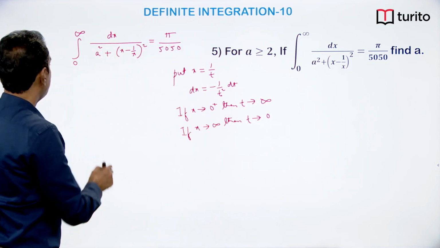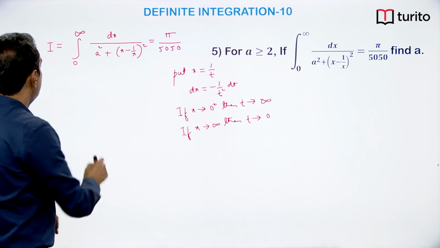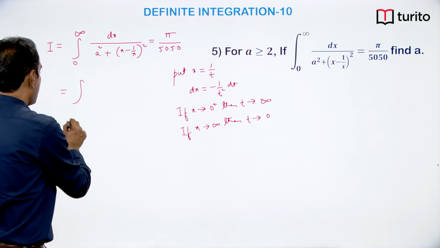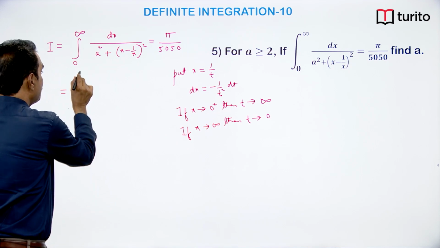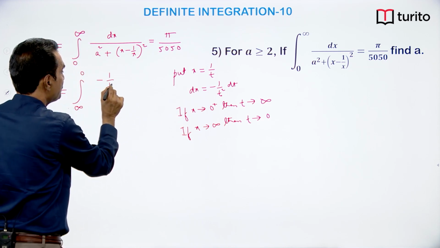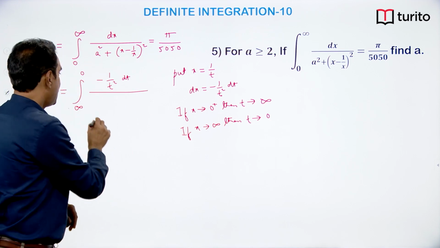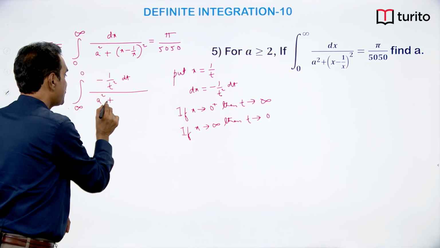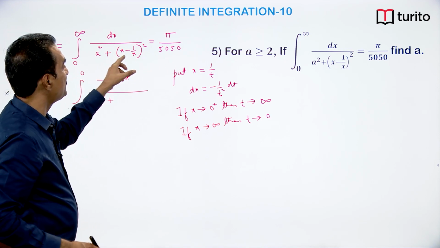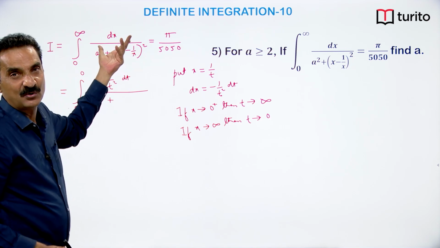So now what is this integral? Given integral is I. New limits are infinity to 0. Dx is minus 1 by t square dt by a square plus, what is this? If you replace x by 1 by t, minus t whole square, it is same as t minus 1 by t whole square.